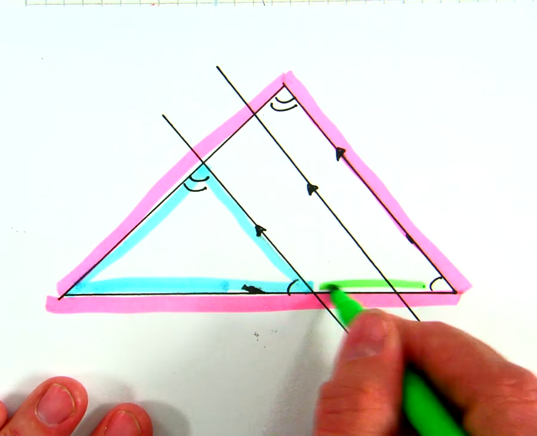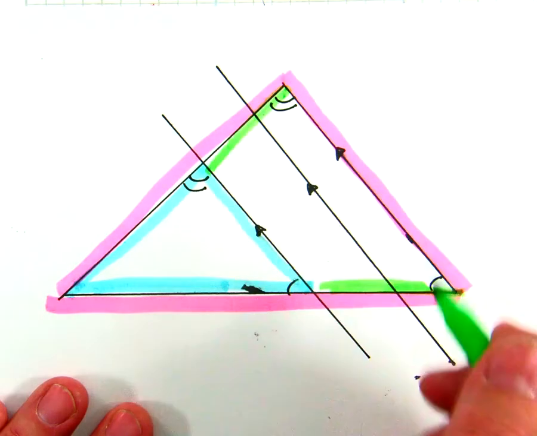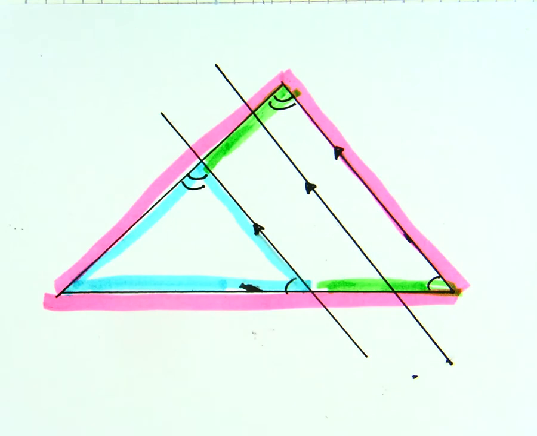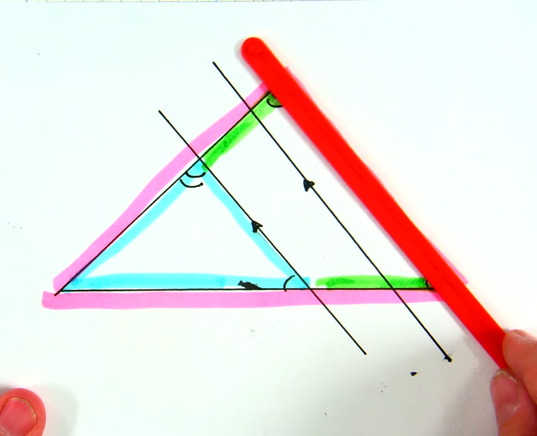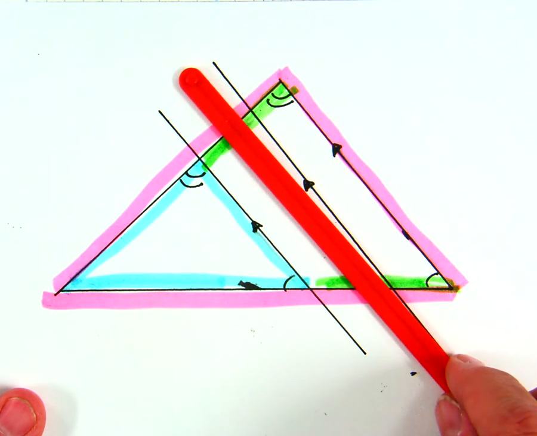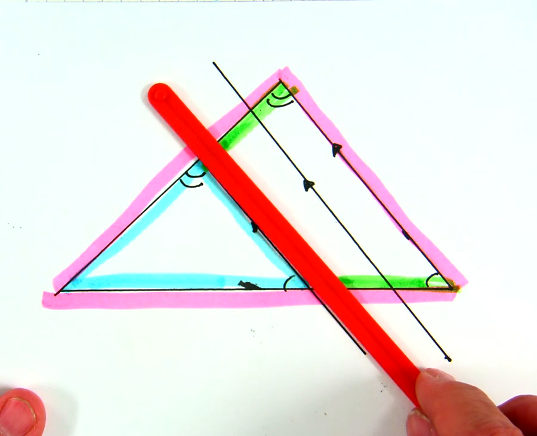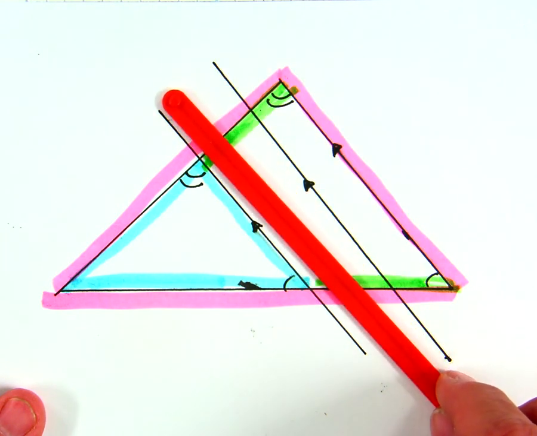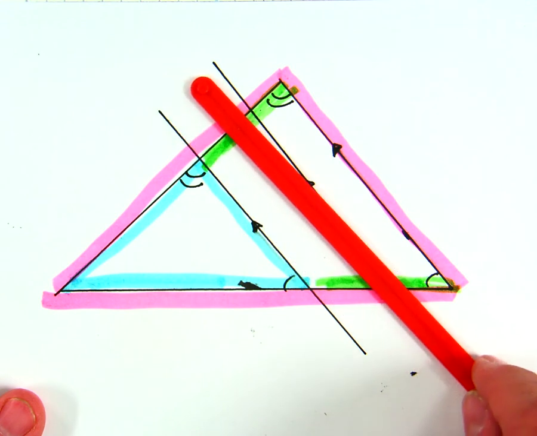But what about this leftover green piece? Does it have any relationship? Well, look how it works. As this side comes in, again at the same rate, it slices the green and then down to the blue at the same rate because the lines are still parallel.